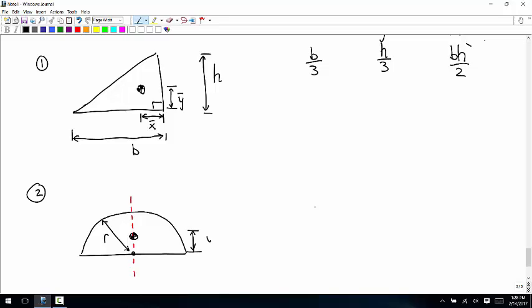And so this distance is, so that x bar comes from symmetry. The y bar value is 4r over 3 pi. And then it's half a circle, so the area is pi r squared over 2.